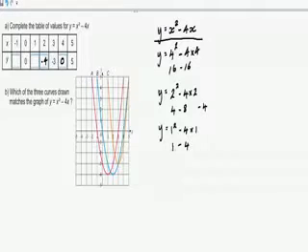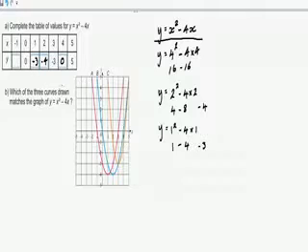So 1 minus 4, I've got £1 in the bank, I draw out 4, that's going to leave me at minus 3. So I've got minus 3.